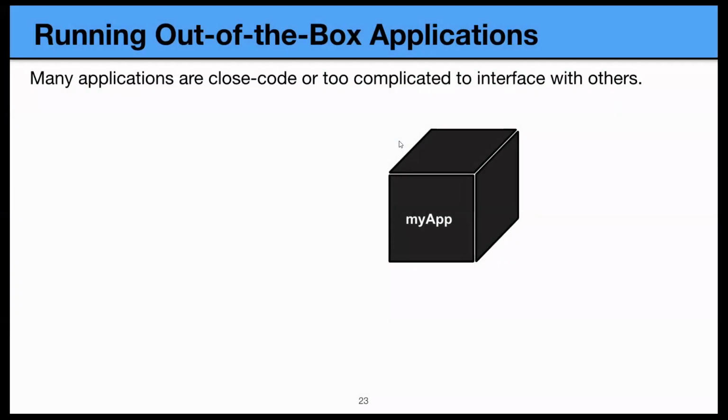So you cannot include it as a Python module, or you cannot link to it with MPI, with C++. And these are typically called black box or out-of-the-box applications. So the application is a black box. You don't have any way to understand how to link with it, how to interact with it directly.